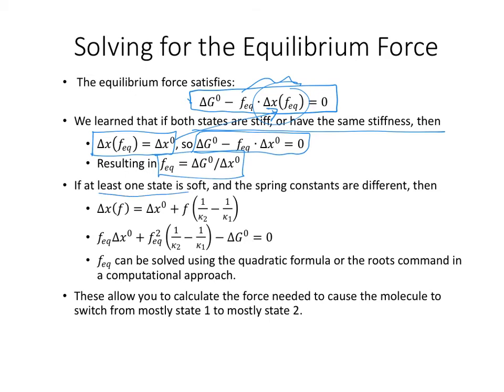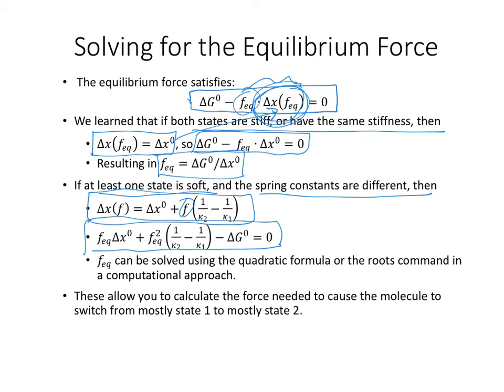If instead at least one state is soft and the spring constants are different, then we had to use this linear term, and we need to plug this into this equation here. And when we do that, that expression becomes a polynomial because this had a force and we are multiplying it by a force. And so we have terms with force, force squared, and no force.